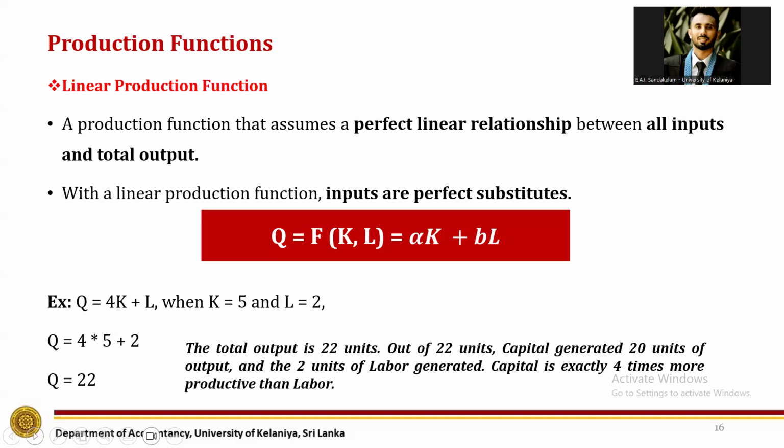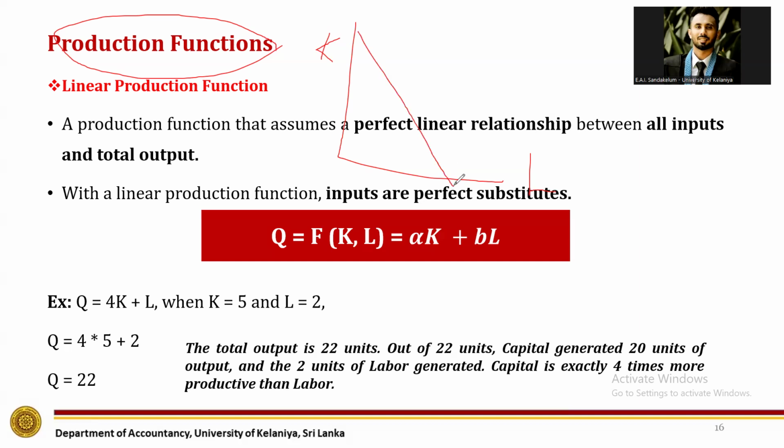Now we are going to identify the production functions. Production function means every organization does not carry out its production processes in a similar way. The first one we can identify is the linear production function. Linear function means the relationship between variables, we have two variables, K and L. This is a linear relationship, meaning the relationship between the input and total output is linear.